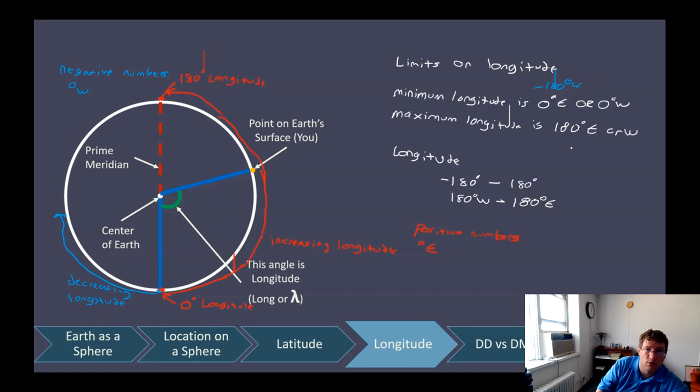Okay, so latitude measures the angle relative to the equator and goes from negative 90 to positive 90. Longitude measures the angle relative to the prime meridian, and it goes from negative 180 to 180.